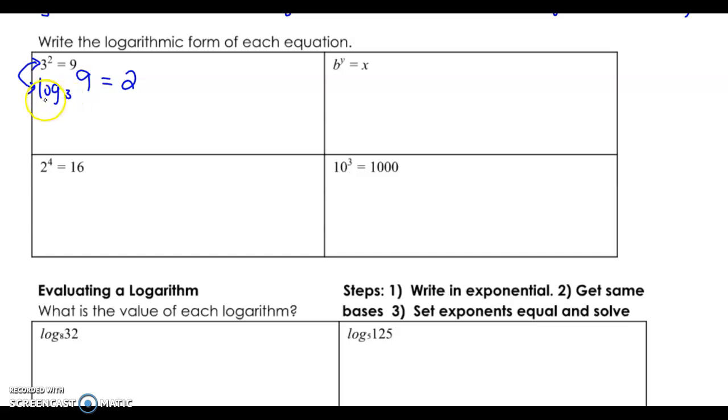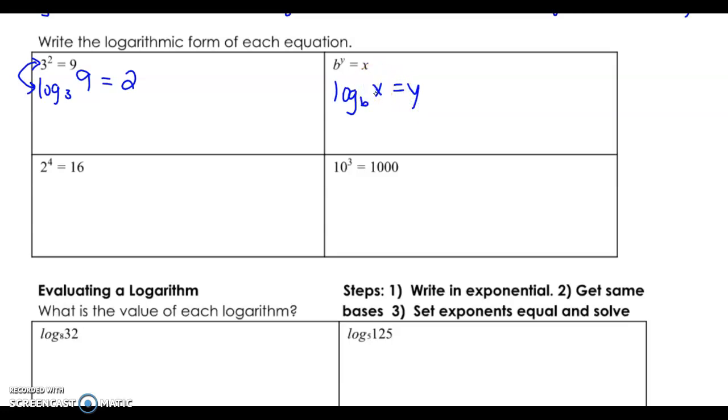Now we don't have a button to do this on our calculator, so that's why we need to be able to bring it back to exponential. We can do logarithm base 10 on our calculator, but not logarithm base 3. This next one would be logarithm base b of x equals y.